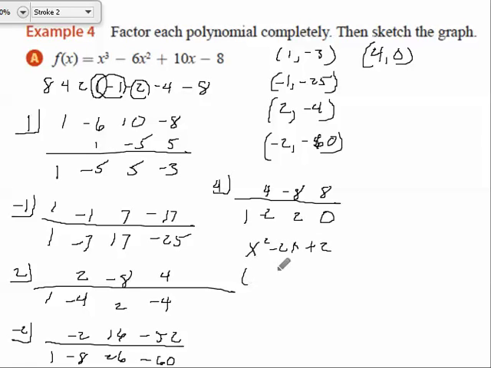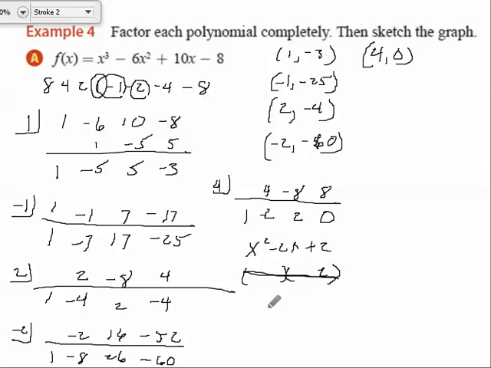I can see from looking at this that it's going to be a 2 and a 1. Let's see here, 2 times 1 is not going to give me a -2. I can't factor that.